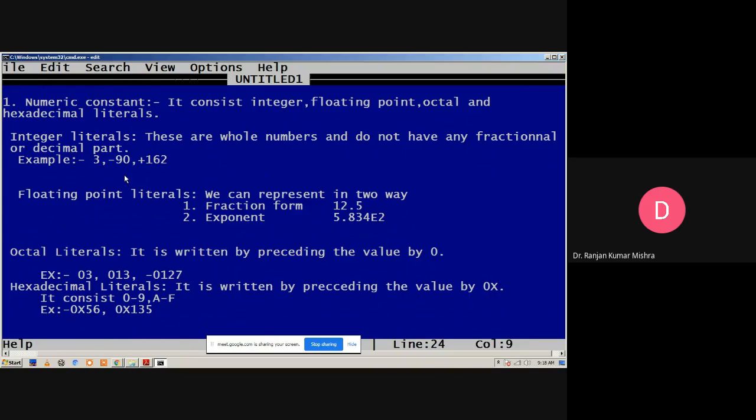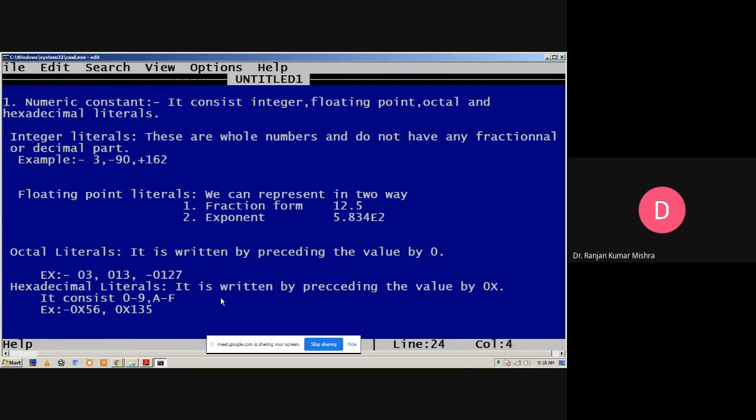We already discussed the different categories: integer, floating point, octal and hexadecimal literals. Integer, octal and hexadecimal literals are in the same category, only they differ by representation. First is the simple integer, then the octal representation, written by preceding the value by 0, and the hexadecimal representation, preceding the value by 0 and x.